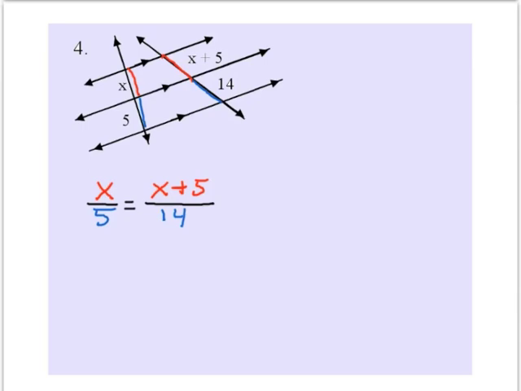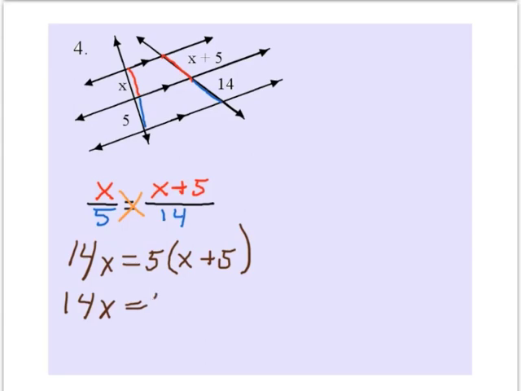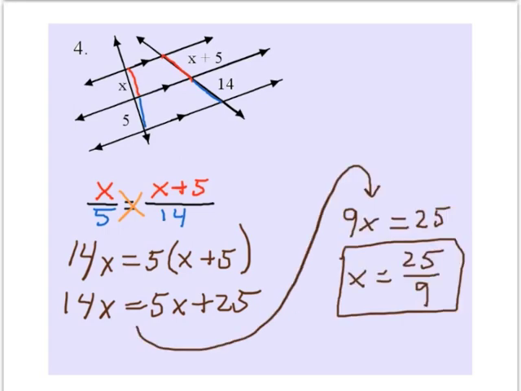Let's cross multiply. 14x is equal to 5 times x plus 5. Distribute. And then solving gives us that x is equal to 25/9.